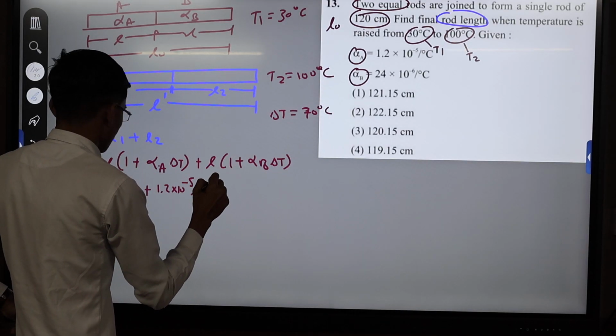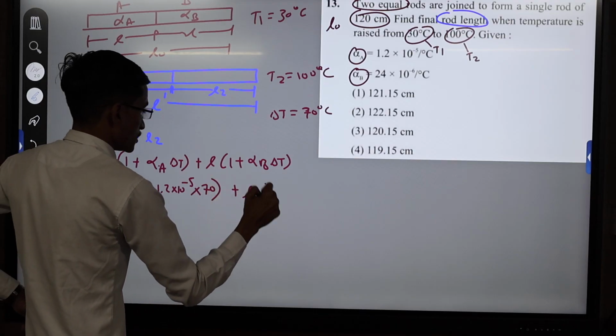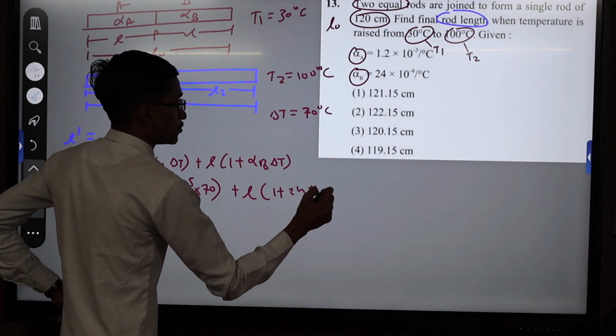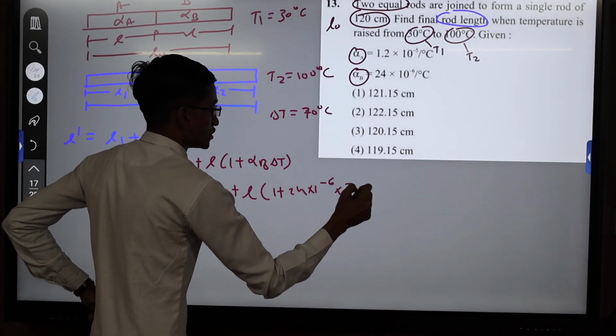Plus 1 plus alpha B is 24 into 10 raised to minus 6 into delta T, which is 70.